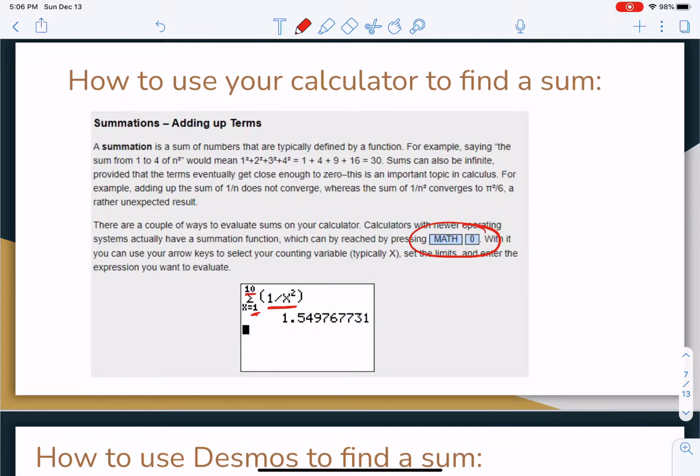So what your calculator is doing in this case is taking your argument and adding it up when x equals 1, x equals 2, x equals 3, up until x is 10. And it is adding those terms together to get that solution.